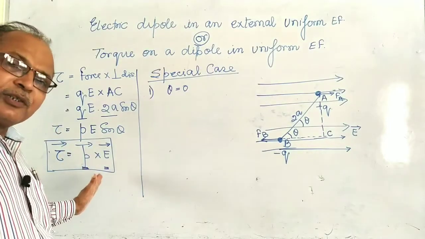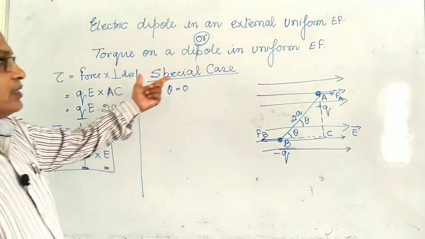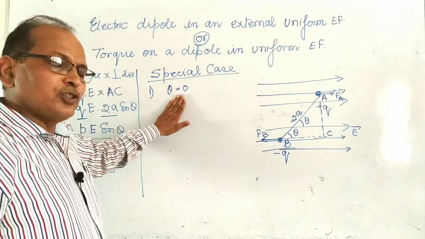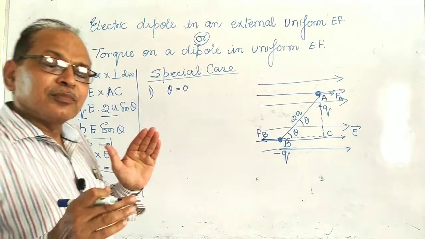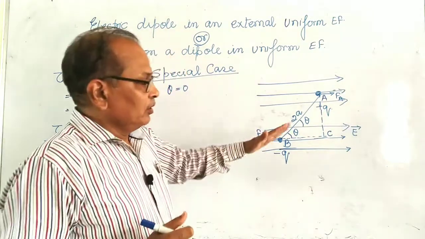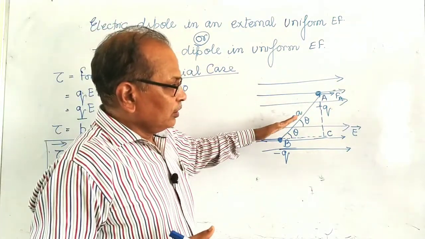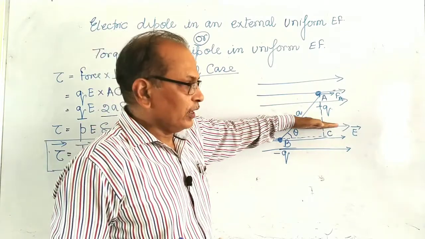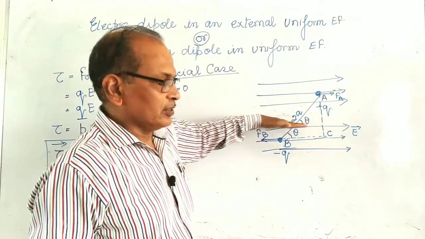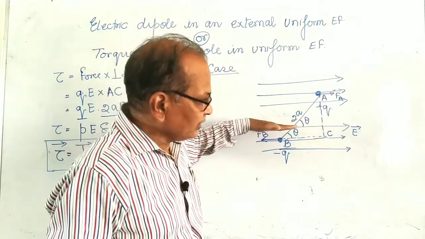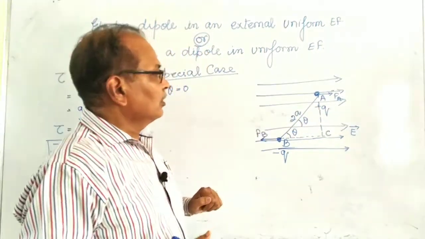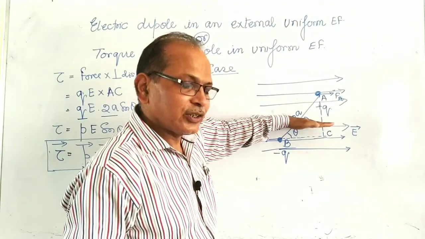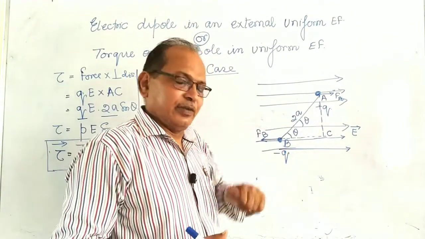After the vector representation of the torque, let us consider some special cases. First of all, theta is 0. Theta 0 means what? This dipole is located along the direction of the electric field, like this. Electric field is in this direction, and the electric dipole is also in this direction, along the direction of the electric field.